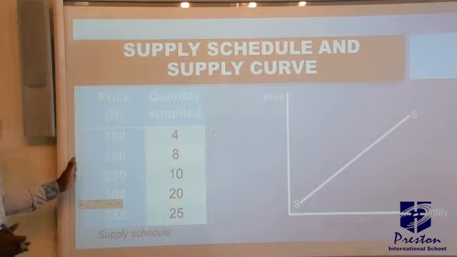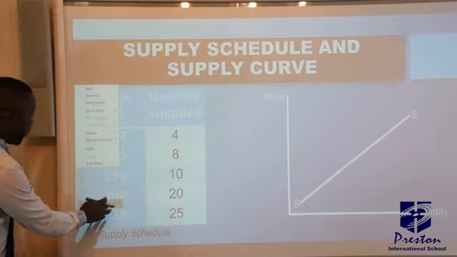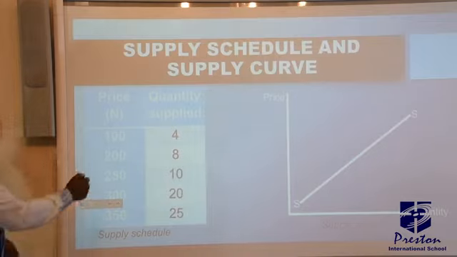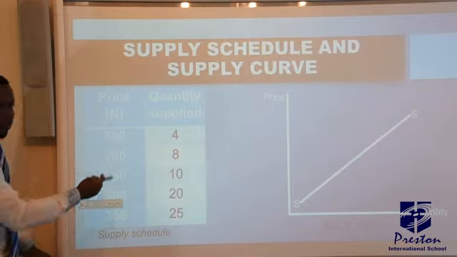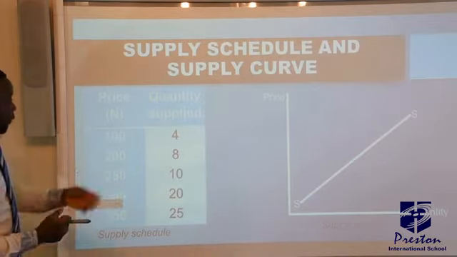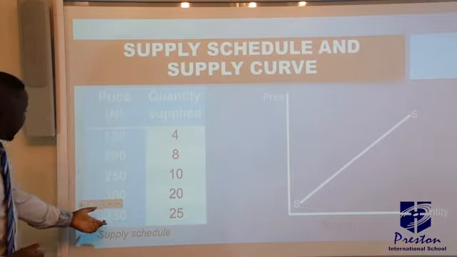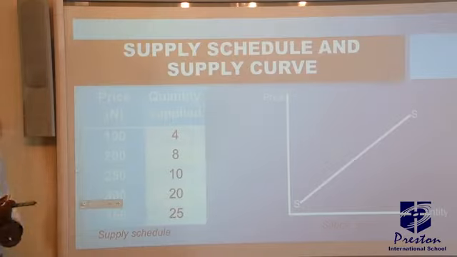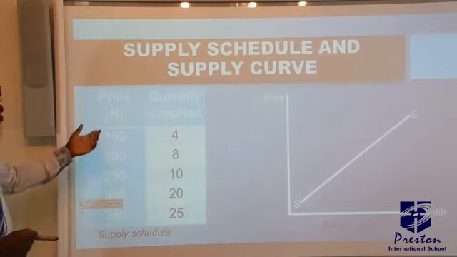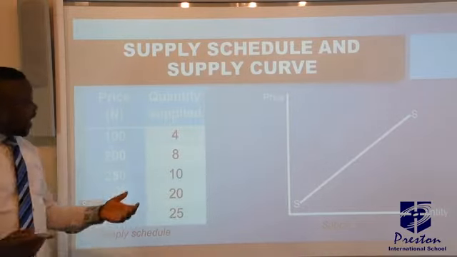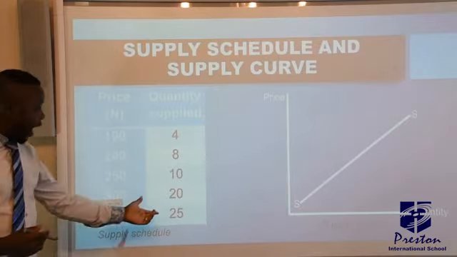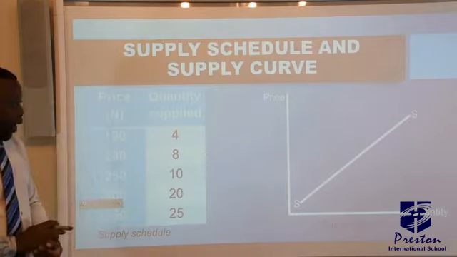If you look at this side, you will see this table representing the supply schedule. You will see that at 100 naira, the producer is willing to supply 4 units, and at 350 naira is willing to supply 25 units, which means the producer will supply the least at the cheapest price and supply the most at the highest price.